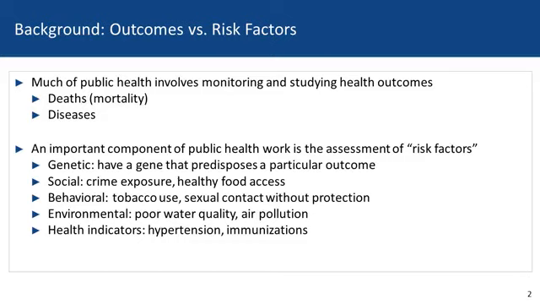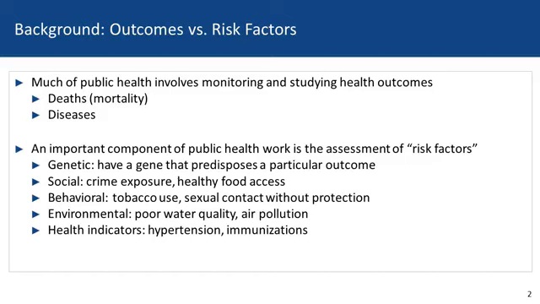There are behavioral risk factors, tobacco or other substance use, or sexual contact without protection. There are environmental risk factors, such as poor water quality or air pollution. And there are health indicators, such as hypertension or immunizations, that might indicate an increased or decreased chance of having a particular outcome.